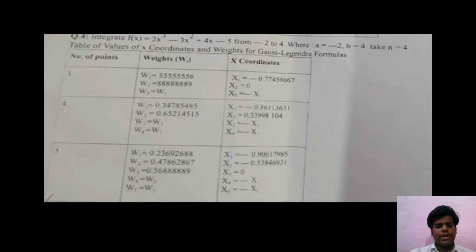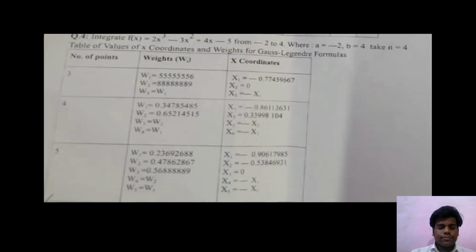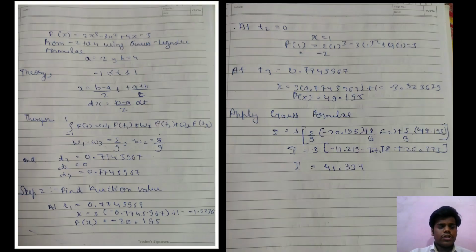We have some additional data given in that question, by which we perform the calculation. Now the answer for the fourth question.